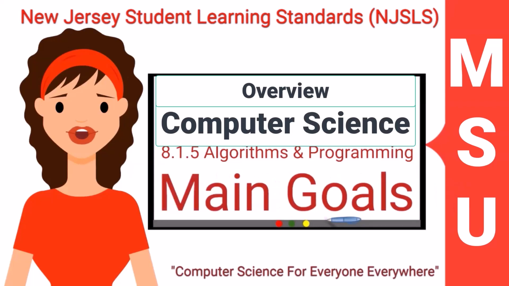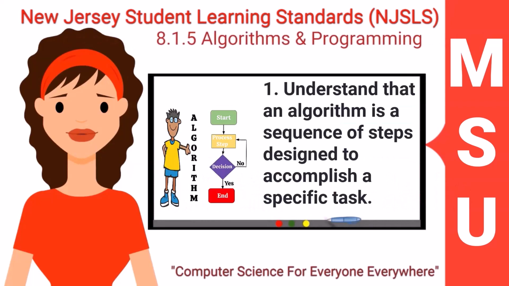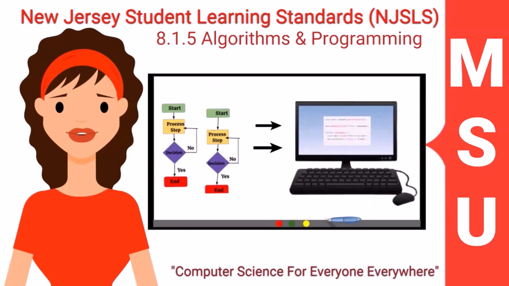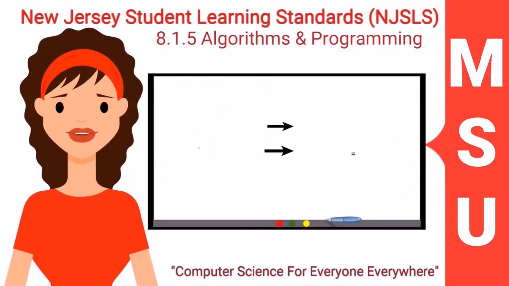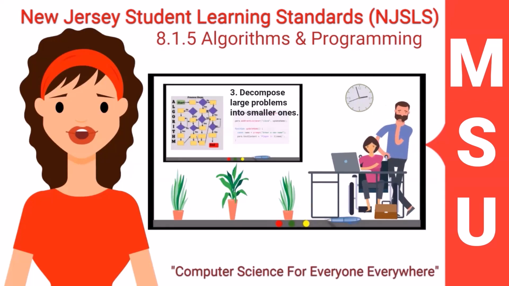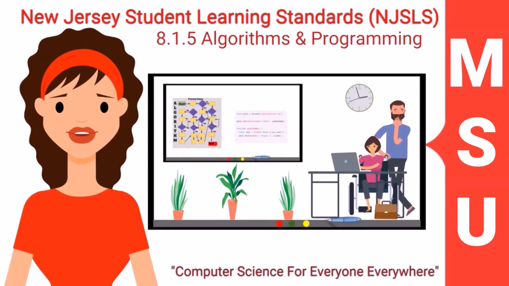The main goal of this strand is to ensure that students, number one, understand that an algorithm is a sequence of steps designed to accomplish a specific task. Number two, know that algorithms are translated into programs or code to provide instructions for computing devices. Number three, can solve large, complex problems by decomposing them, breaking them down into smaller sub-problems.